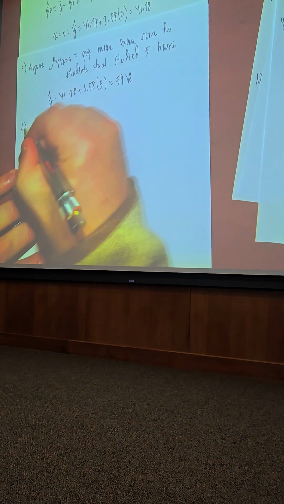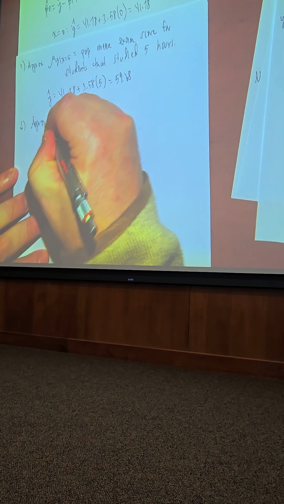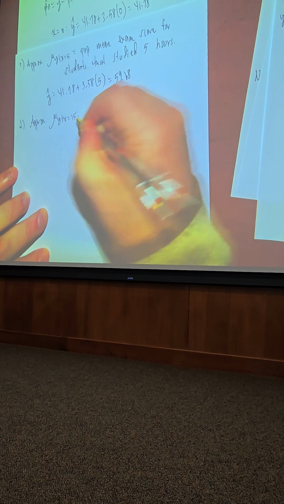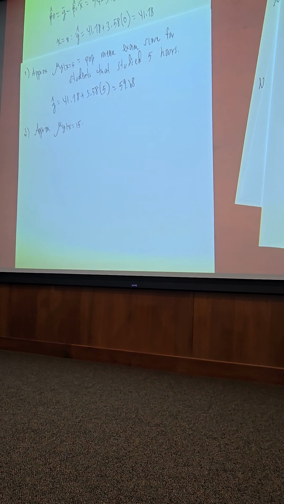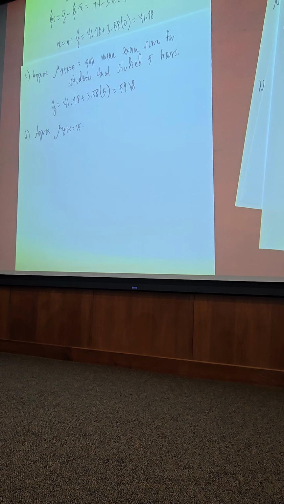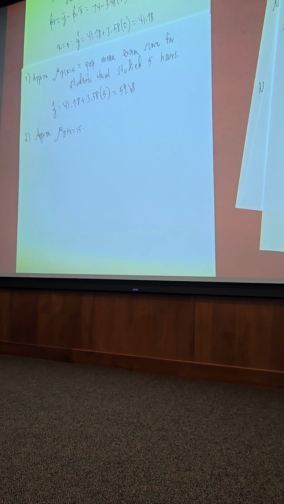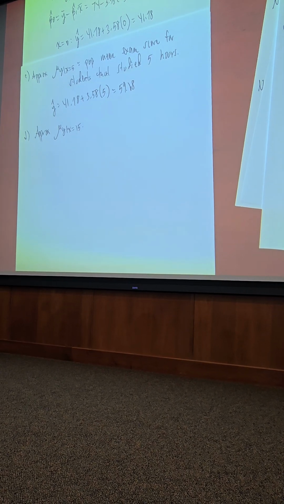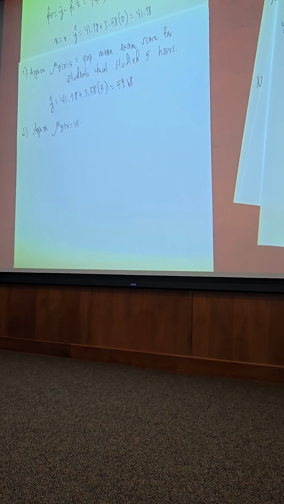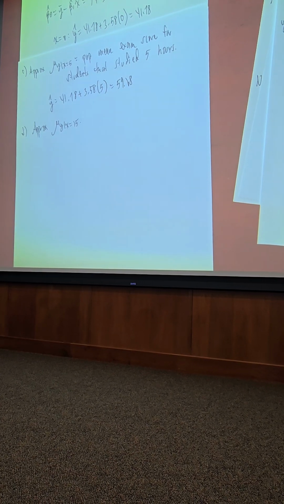Okay, how about this? D. Let's approximate mu sub y given x is 15. You guys tell me what I'm asking here. I want you to approximate the population mean exam score for students that studied 15 hours. Okay? Can you approximate that guy? No problem.